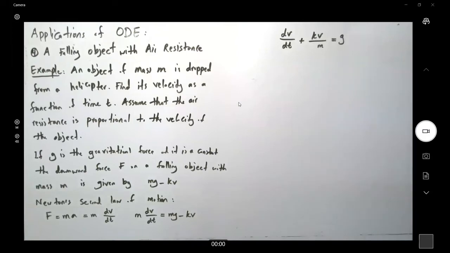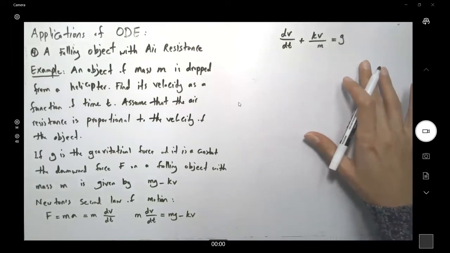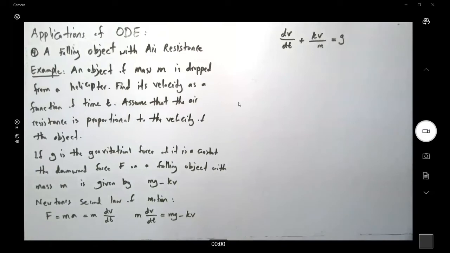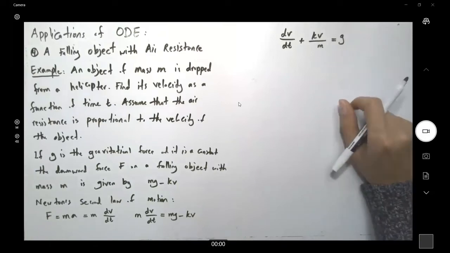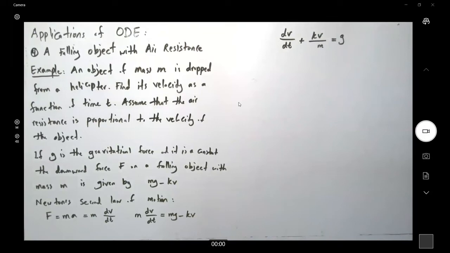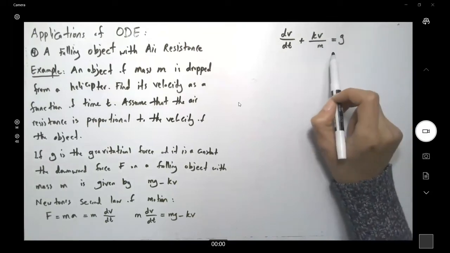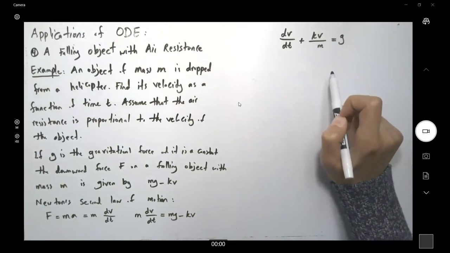So let us get back to our example here. We have a nice formula. Our job is to solve this differential equation. Is this a separable differential equation?